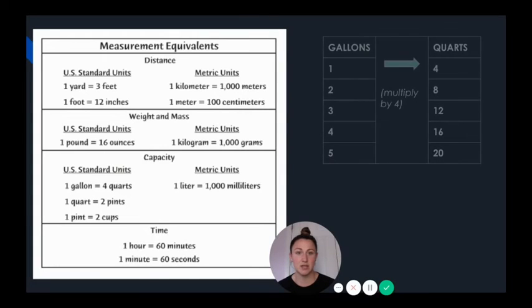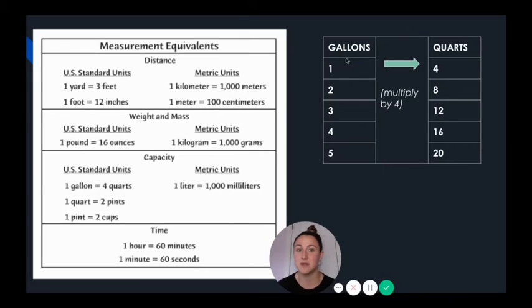So again, looking here, I want to show you this easy chart. I have my gallons. I have 1 gallon equals 4 quarts. 2 gallons equals 8 quarts. 3 gallons would equal 12 quarts. 4 gallons would equal 16 quarts. And 5 gallons would equal 20 quarts.